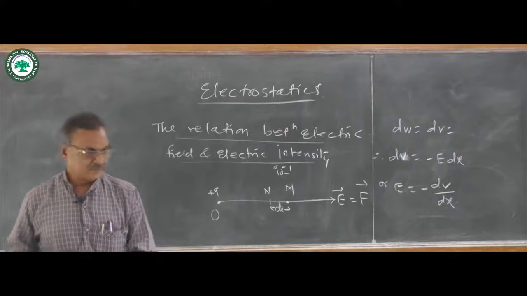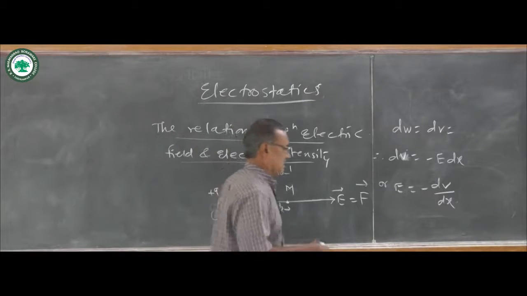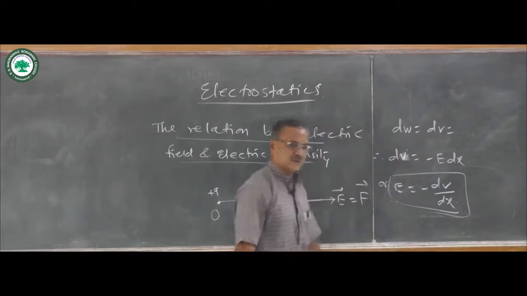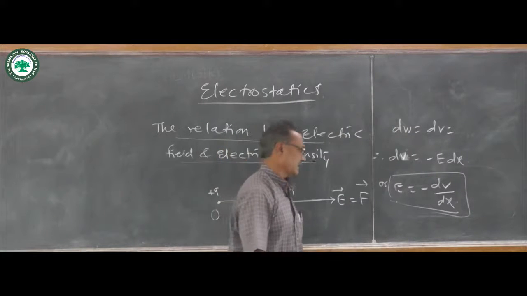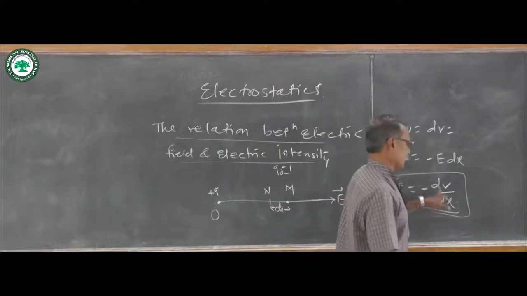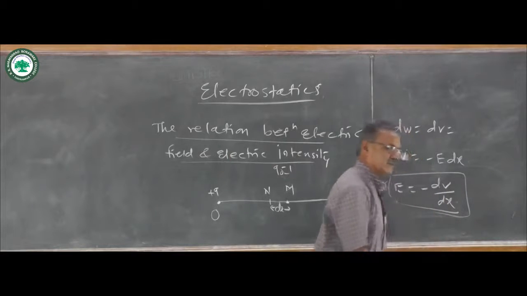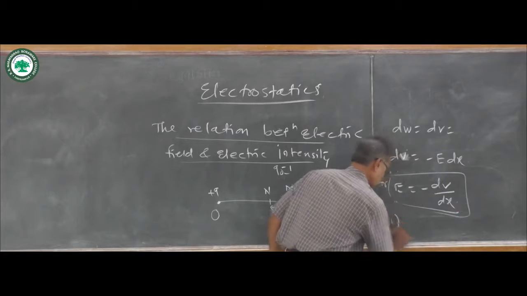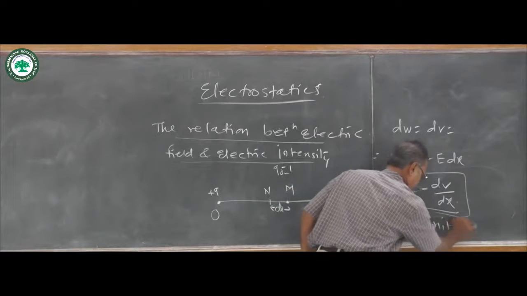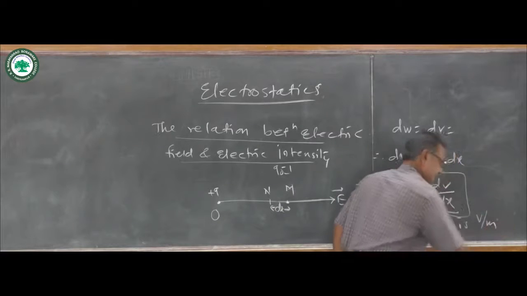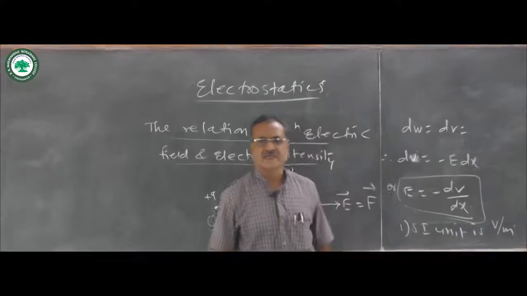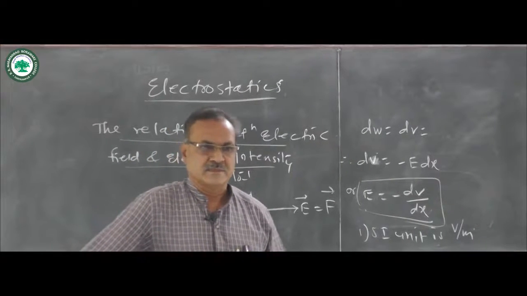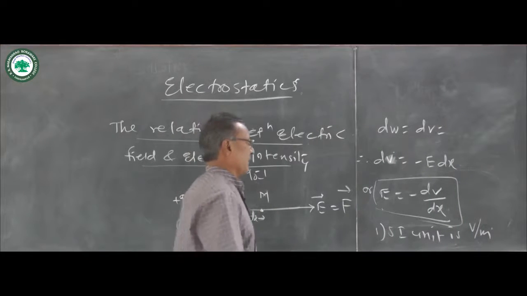Now, from this equation, we can say that the electric field intensity has two SI units. One is from this equation: SI unit of potential is volt, SI unit of length or displacement is meter, so one of the SI units is volt per meter. Also, by definition, electric intensity is nothing but the force per unit charge.